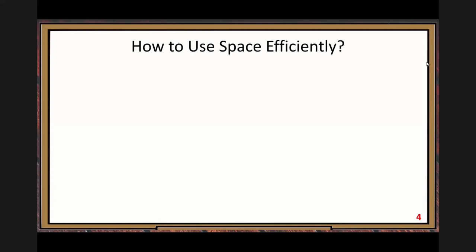In order to fix the problem, we need to find a way to use space efficiently under long keys. We cannot change the keys. We should use the original keys, but we want to manage the space usage efficiently.